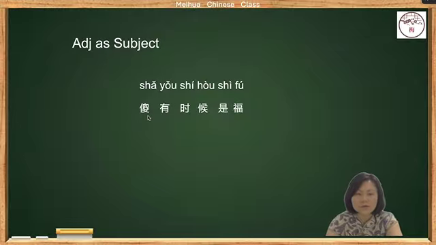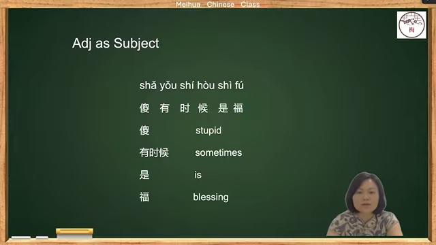For example, 傻有时候是福，傻有时候是福。What does it mean? 傻 in Chinese is an adjective, meaning stupid in English. 有时候, sometimes, is an adverb. 是 means is. It is the verb in the sentence. 福 is a noun, blessing.